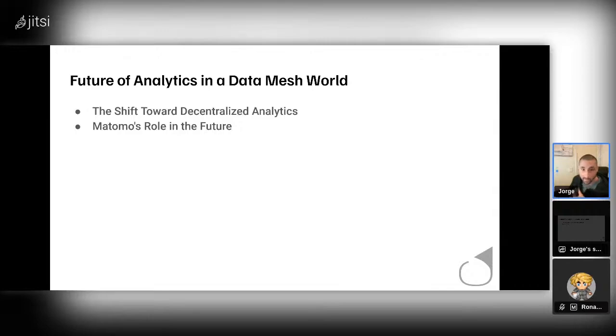As the industry increasingly adopts data mesh principles, Matomo will remain a valuable solution for organizations looking to decentralize analytics while maintaining a strong privacy and compliance foundation.